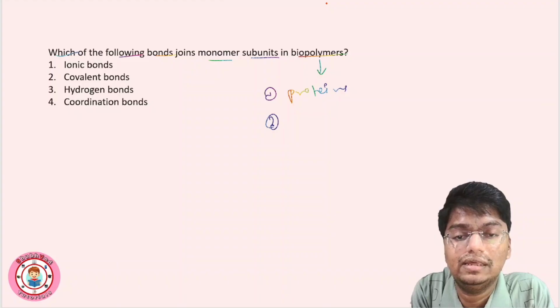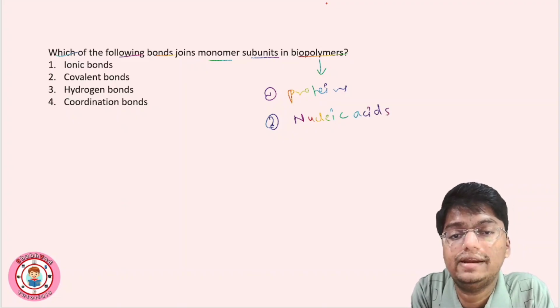Then nucleic acids, DNA, RNA, nucleotides joined by phosphodiester bond.